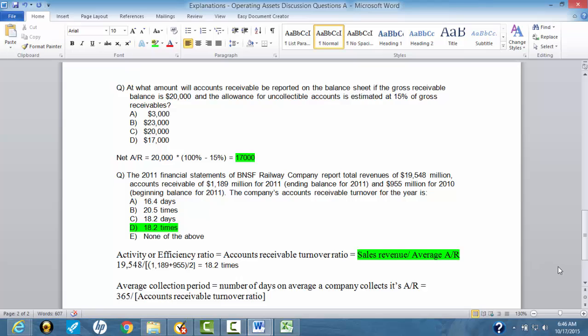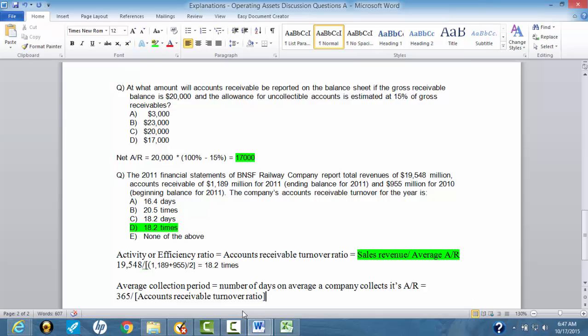And we calculate this ratio as 365 divided by the receivable turnover ratio. We're not required to do that, but assuming we were required, we'll just do 365 divided by 18.2. So our answer for this question is 18.2 times.